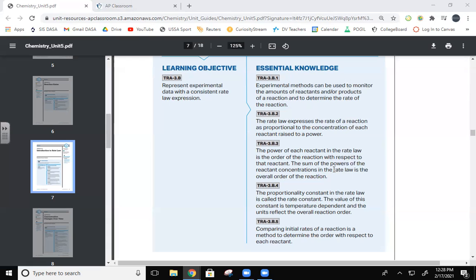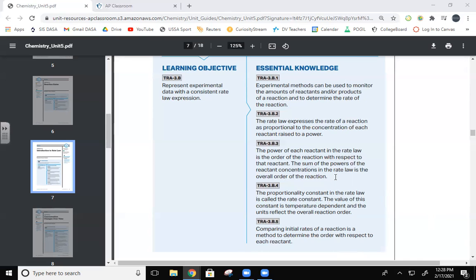The sum of the powers of the reactant concentrations in the rate law is the overall order of the reaction. Do we see how that works? So what does the order do?